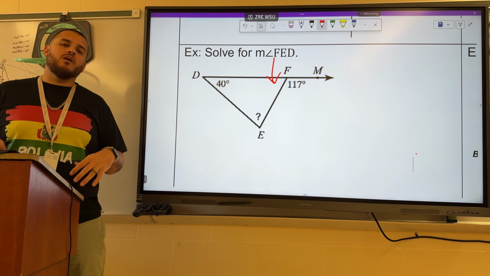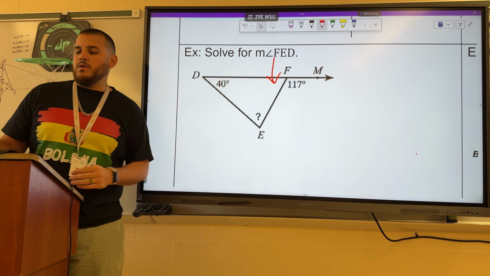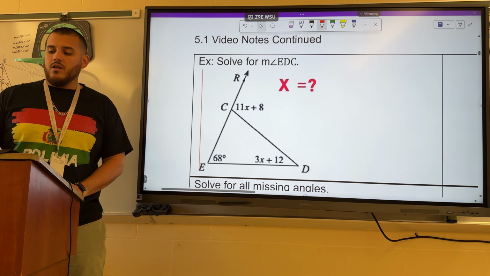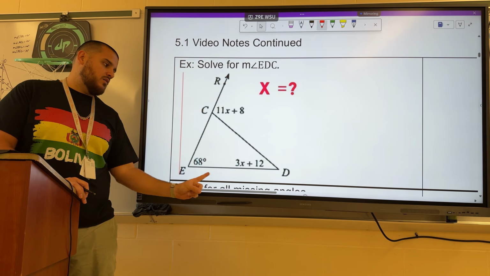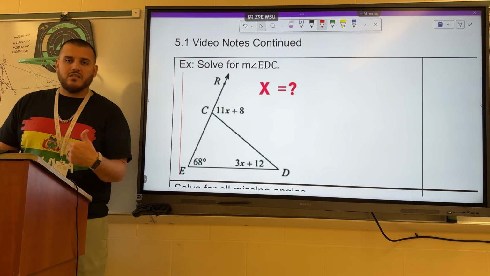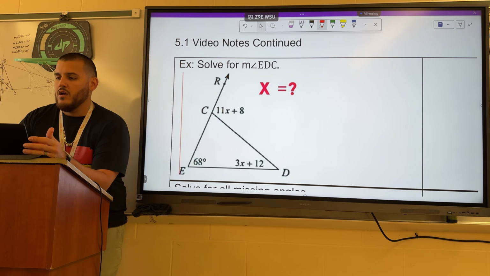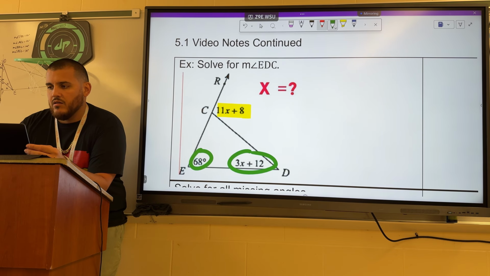It's also important to know that you cannot always do that to solve for the measures of triangles. There are certain scenarios like this one that become much more complicated if you're trying to think of a linear pair in order to get to a triangle sum theorem problem in your triangles. So it's best for us to know our exterior angle theorem and how to set up that equation where our exterior angle, in this case the 11x plus 8, will equal the sum of those non-adjacent interior angles.